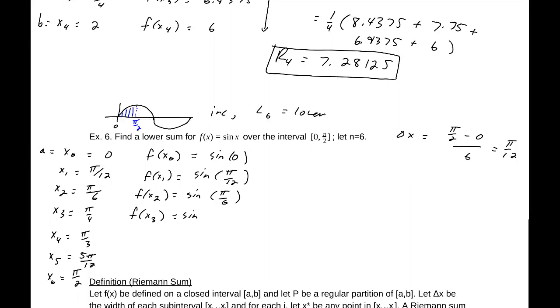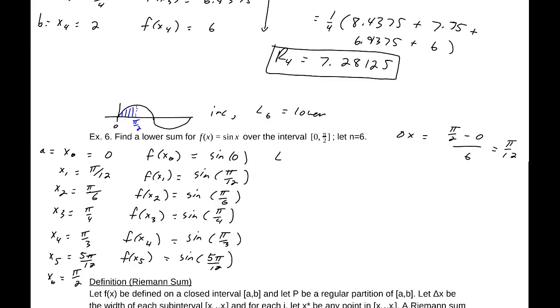Sine of pi 4ths, is that output value there? f of x5 is sine of 5 pi over 12. And because we're doing a left-hand sum, we actually don't need that last function value. But that is going to be 1 there.